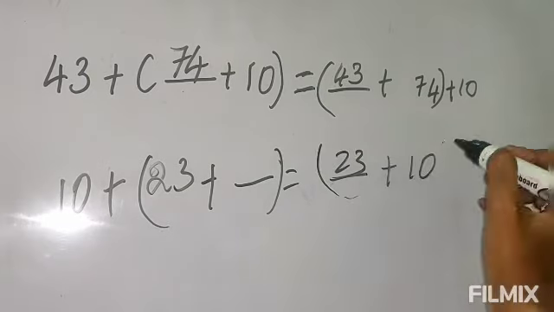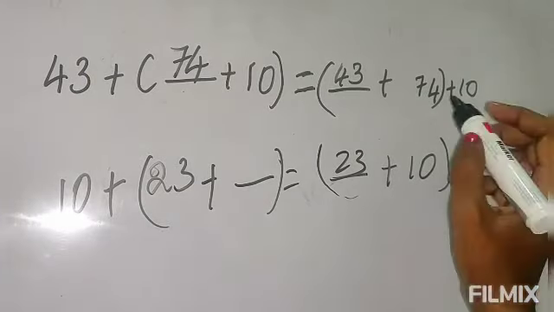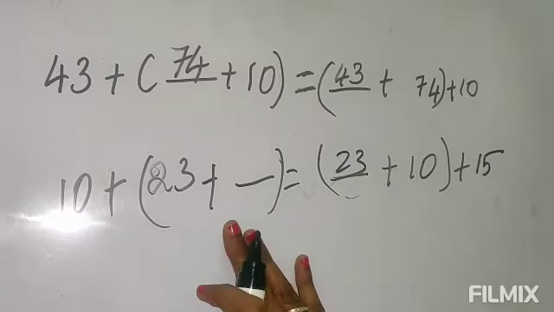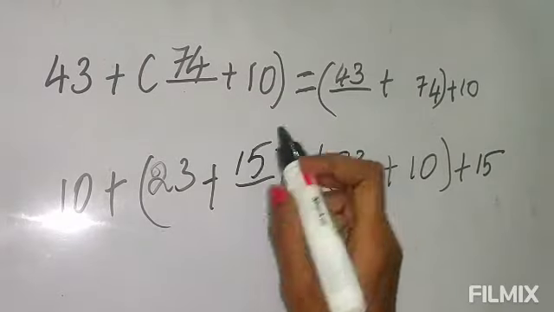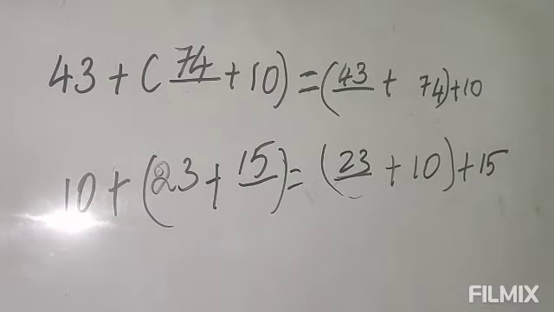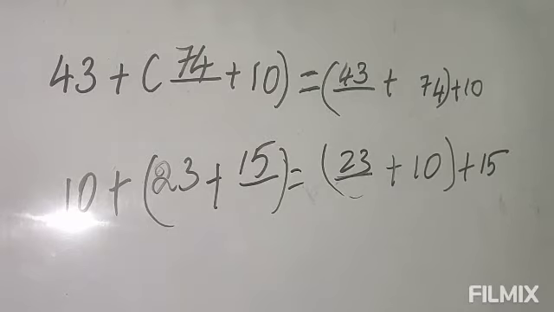Suppose 15 is here, but 15 is not here, so just fill in the dash with 15. That way, observe both sides for which number is missing, and fill it in the dash on the other side, not on the same side but on the other side.